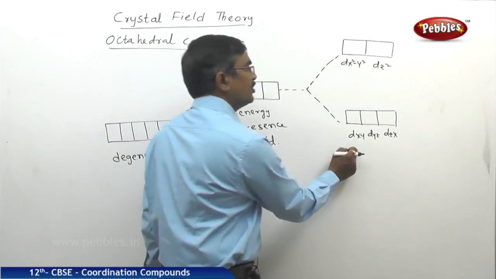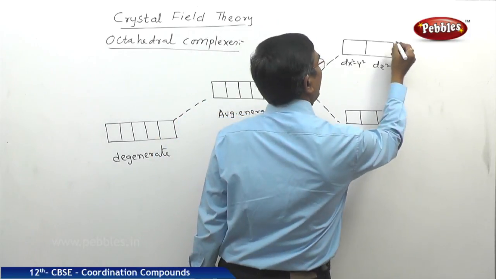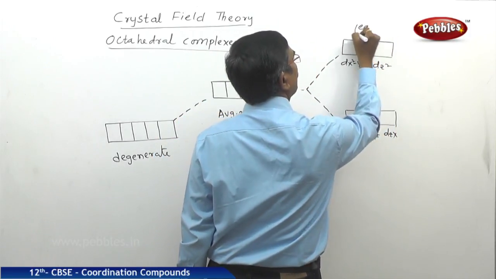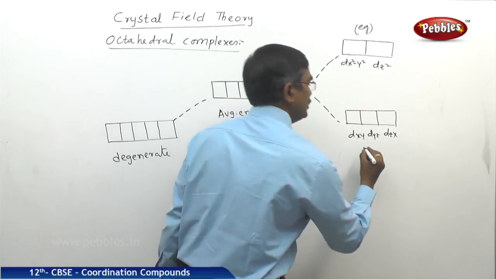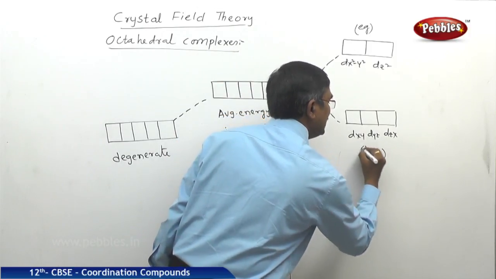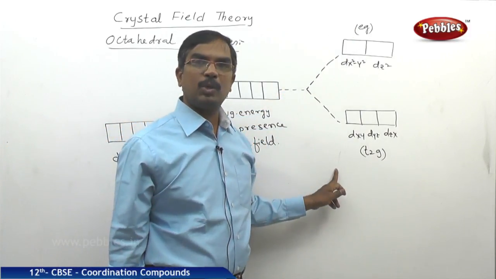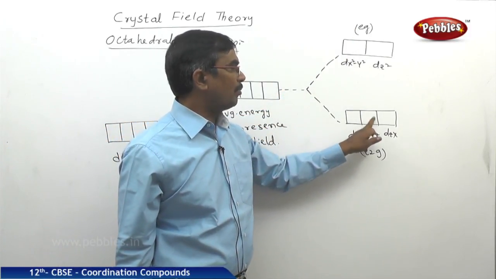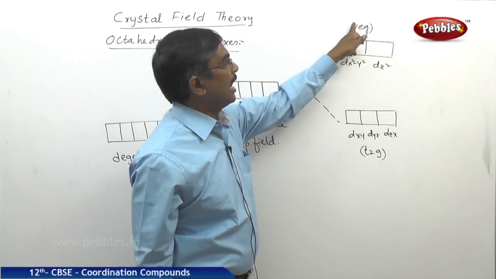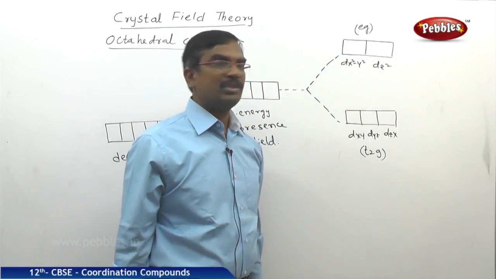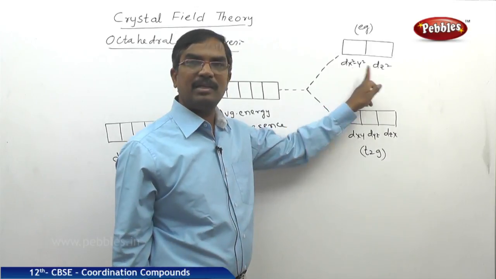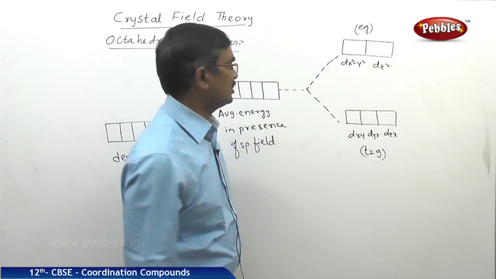These have lower energy, as I already told you. These are the Eg set, and this is the T2g set. The T2g set has 3 orbitals. Eg has 2 orbitals, which are dx square minus y square and dz square. This is how we can see it.